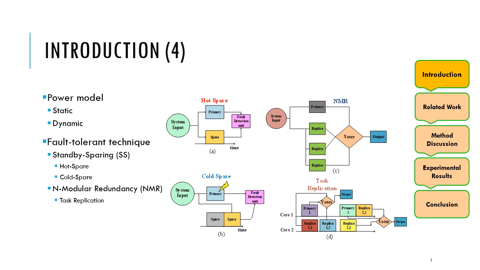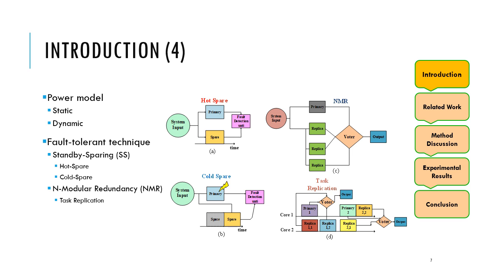One of the most popular active redundancy techniques is standby sparing. In the standby sparing, execution is switched to the backup unit when a fault occurs in the primary unit. Hot standby sparing and cold standby sparing are prominent types of standby sparing.